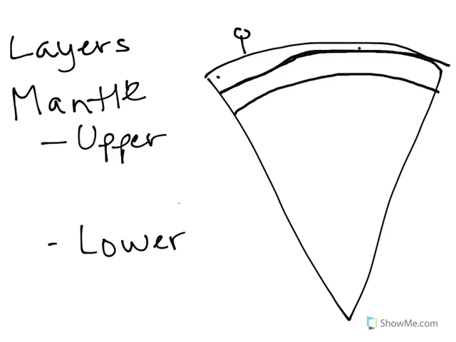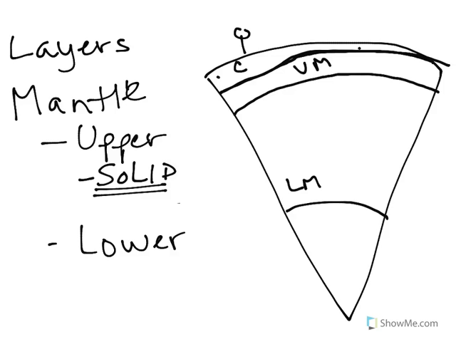Our lower mantle is definitely really thick. So here we have the crust, here we have the upper mantle, and here we have the lower mantle. What's really important about our upper mantle is that it is solid, and it connects to the crust.